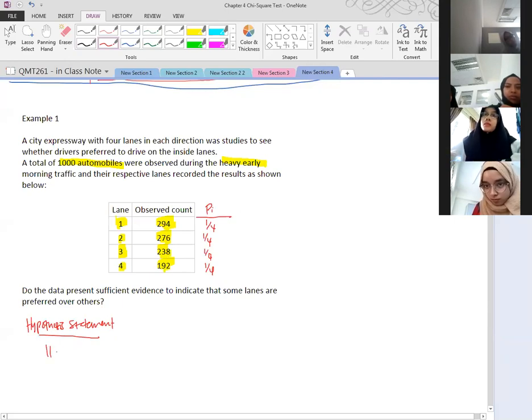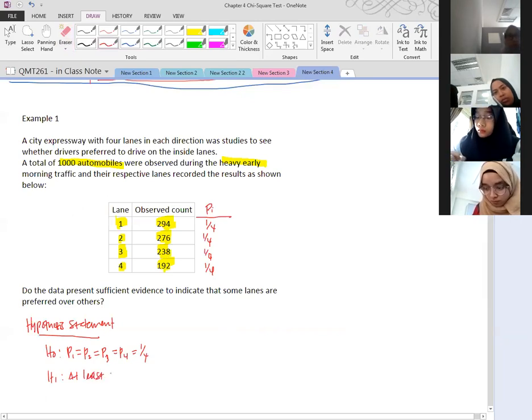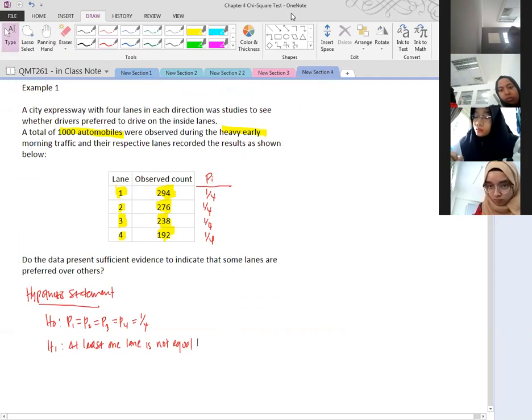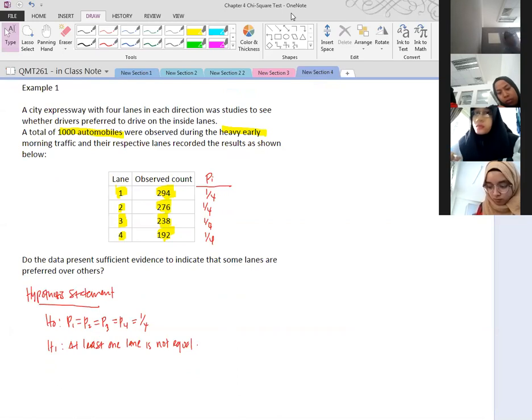So the null hypothesis is P1 equal to P2 equal to P3 equal to P4, which is equal to 1 over 4. And the alternative hypothesis, we want to test whether there is any preferred lane over others, so at least one lane is not equal. This is our hypothesis testing.